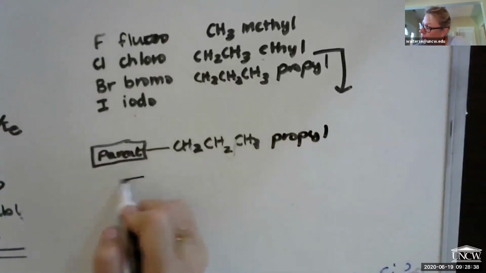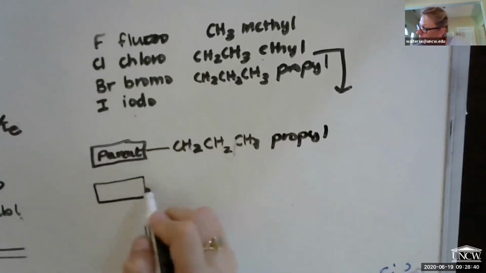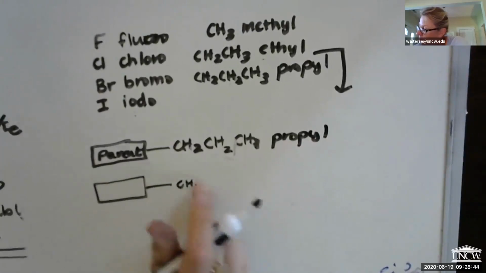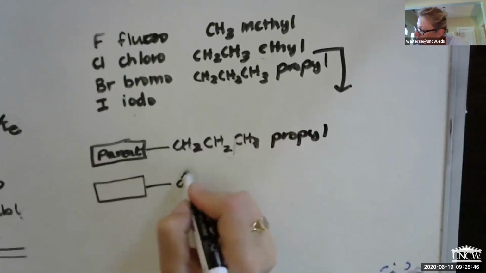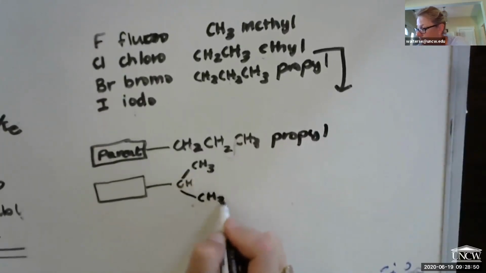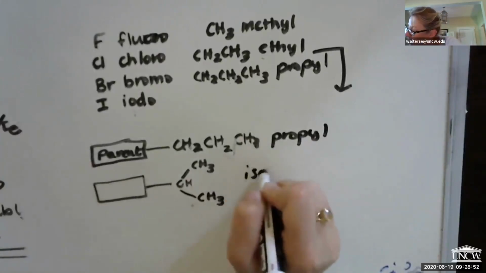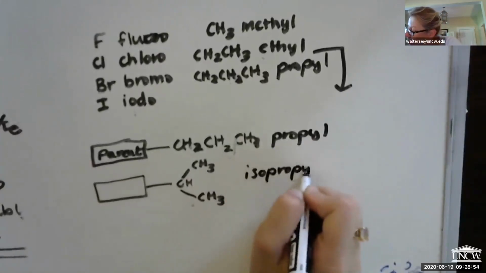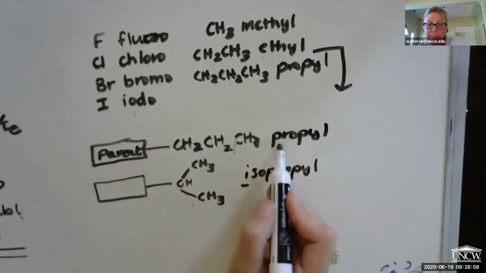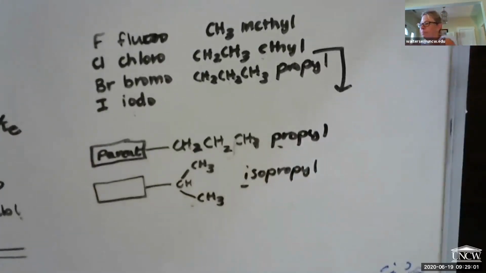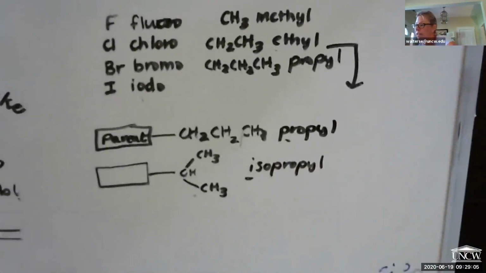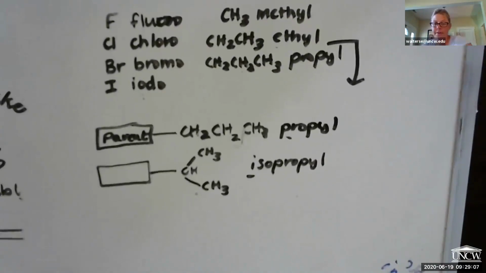If it comes off like this and attaches to the carbon in the middle, then it's called an isopropyl. Okay, and you use the I to alphabetize and the P to alphabetize. Let me move this so I can get, oh, I'm not sure I can.